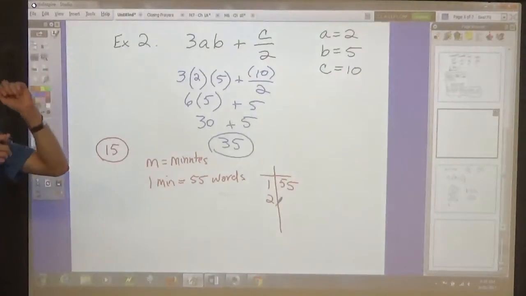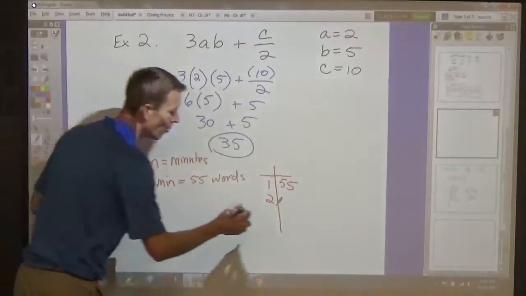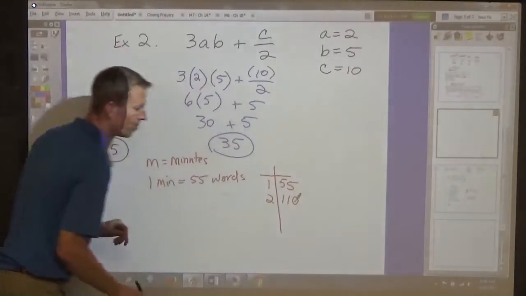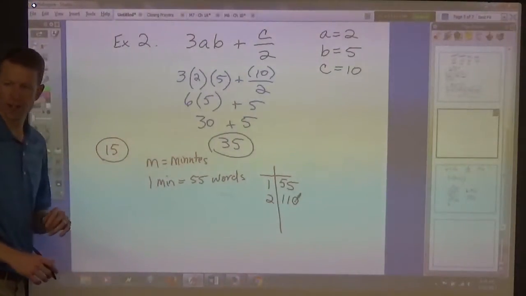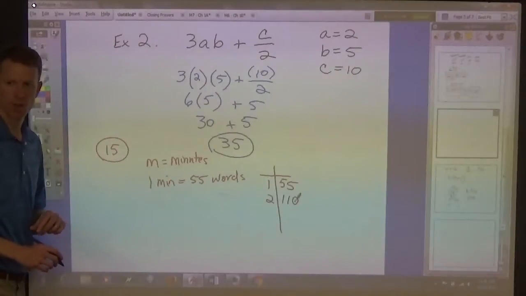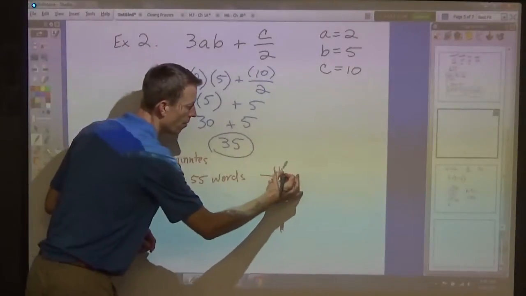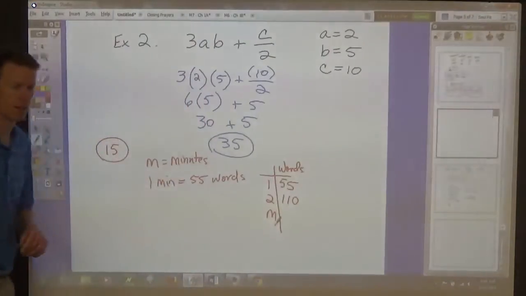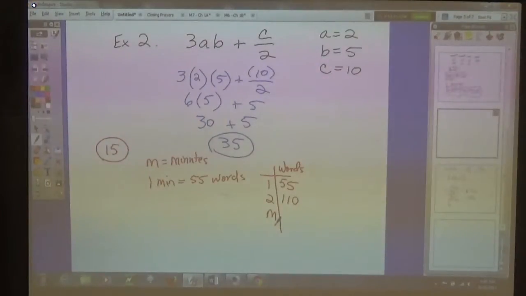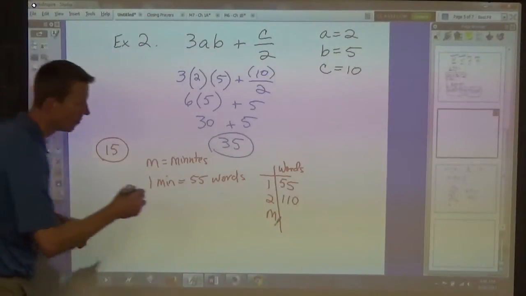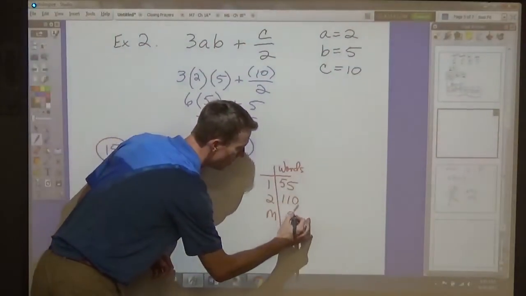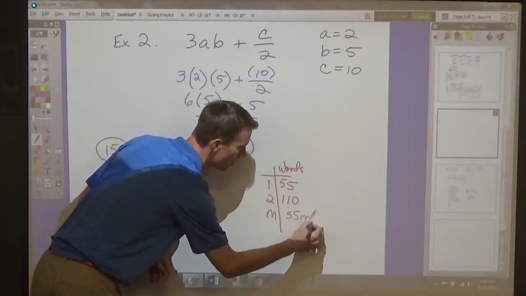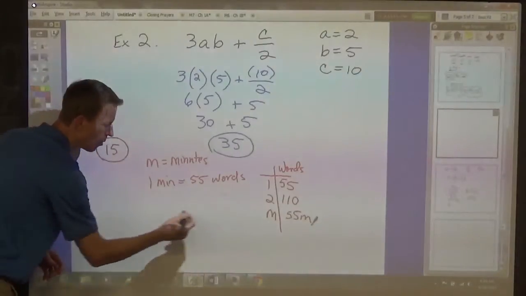Devlin, is that what you were going to say? Yep, 110. You see the pattern here? What would you do to find the number of words then, in m minutes? Danny. Right. 55 times m. And that's what you would write for your expression.